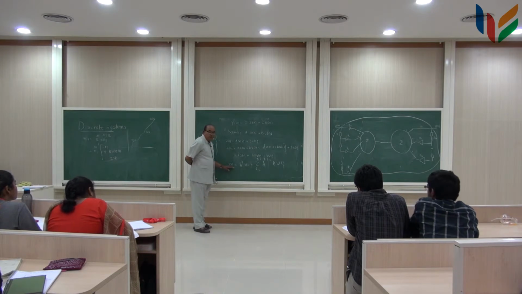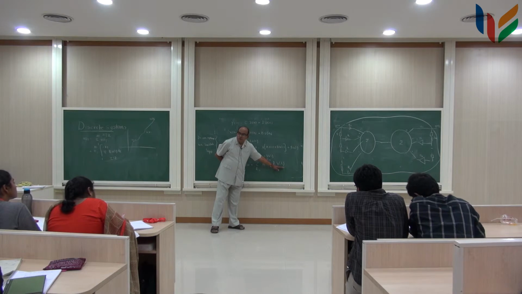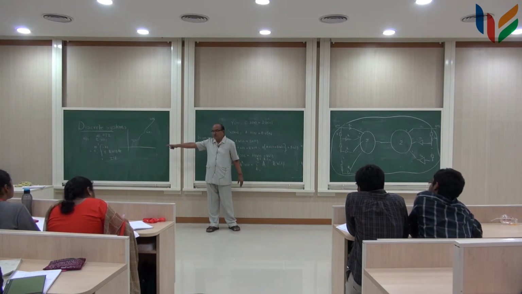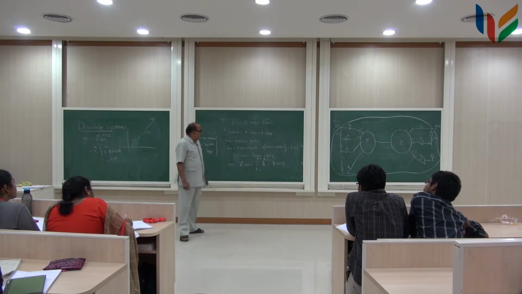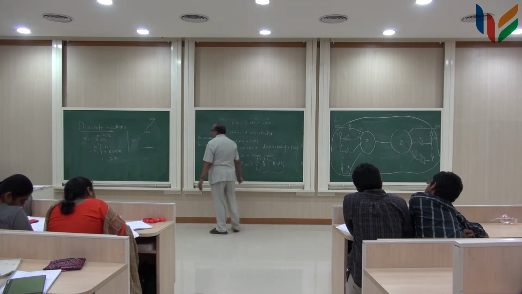So the output will depend upon the initial condition and the input, and this equation is something similar to the second part. Okay. In fact, one can show that this is nothing but your original convolution.